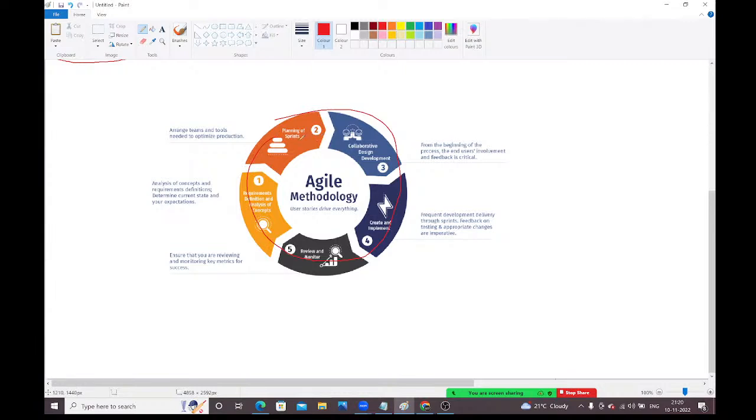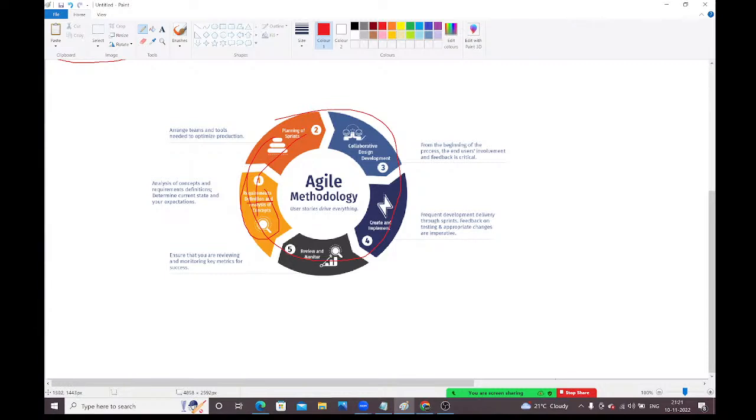First, guys, what is the first one? Requirement definition and analysis of the concept. So this is the first phase in Agile. Next phase is planning of the sprints. Here we are dividing the project into multiple sprints. Once the requirements are clear, once you gather and analyze the requirements, we divide the project into multiple sprints, planning of sprints.